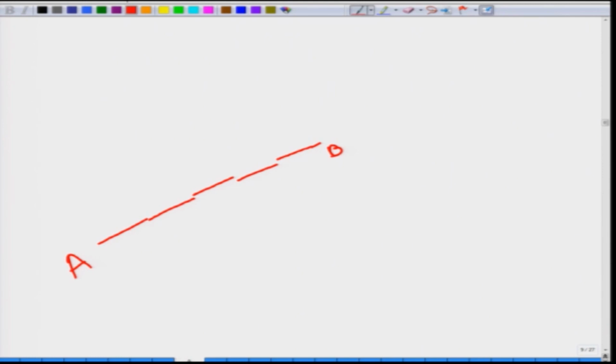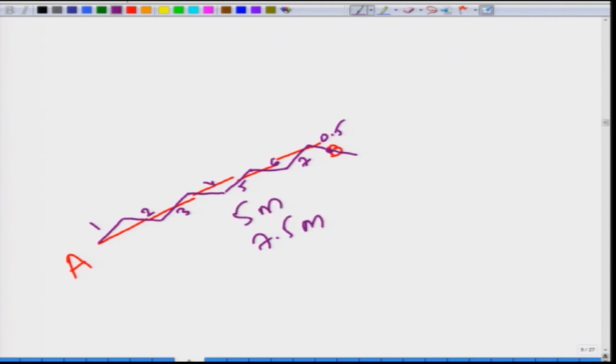But what you did in the field was that you took one reading like this, then kept the ruler like this, then like this, like this. So, in this case you are saying that this is 1, 2, 3, 4, 5, 6, 7 and a half. So, you are measuring 7.5 meters when actually it is 5 meters, and this is because you did not keep these rulers on a straight line, you are keeping them at certain angles.